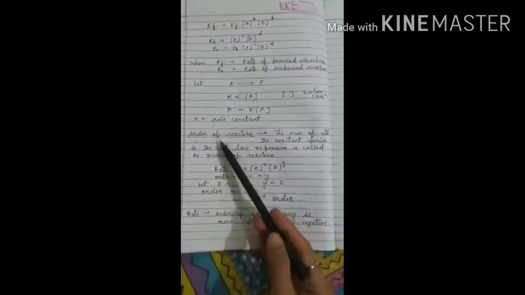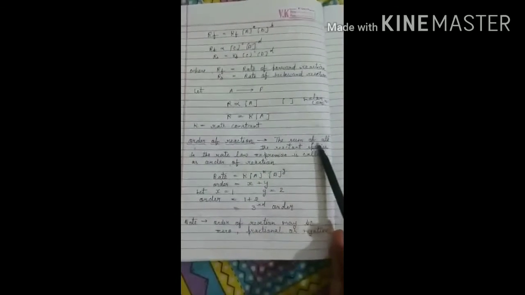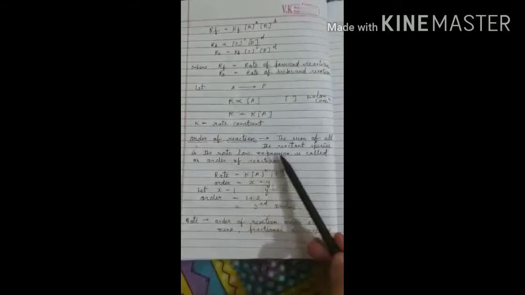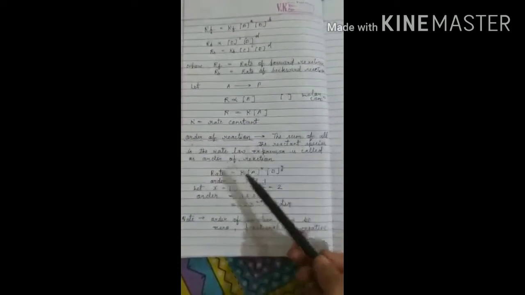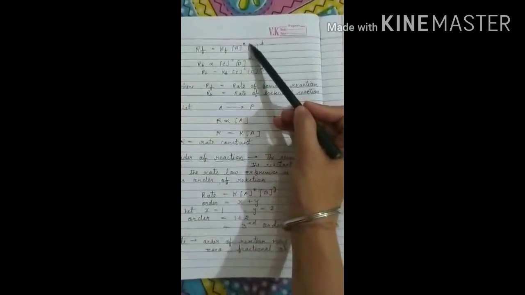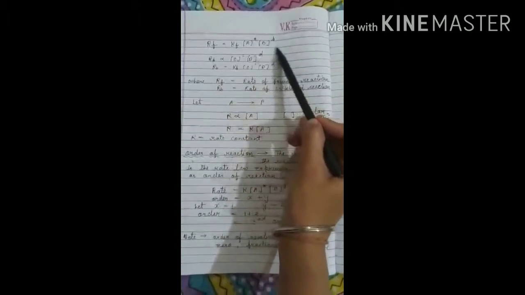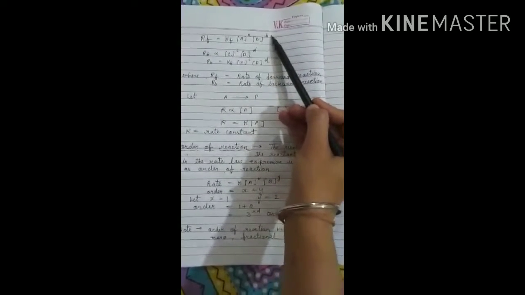Let's come to another topic, order of the reaction. The sum of the powers of all the reactant species in the rate law expression is called the order of reaction. Whatever powers of reactant species we have taken in the rate law, their sum represents the order of the reaction.